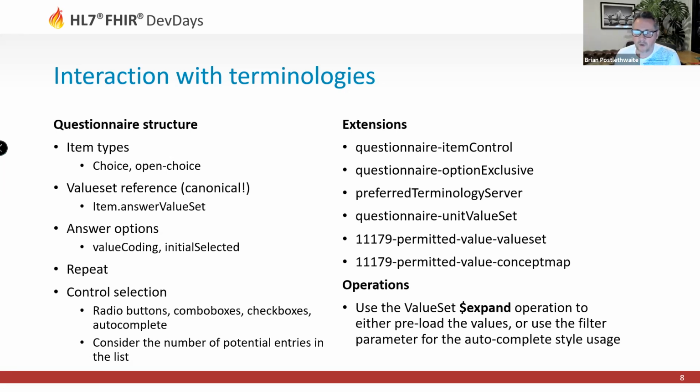Or if it's a value set shared between multiple questionnaires that's on a terminology server, I can just reference that terminology on the terminology service. Something like a LOINC or a SNOMED code set would be quite a useful capability there.